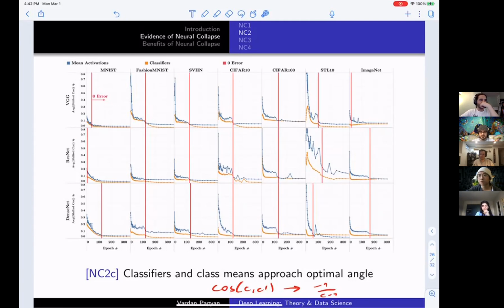So what this plot shows is the average shifted cosine in absolute value. The average shifted cosine is defined to be the cosine between the two different classes minus this quantity, which is the optimal angle, absolute value, average over C and C prime not equal to C. So we're just averaging how far away the cosines are from what we'd predict should be the optimal value.